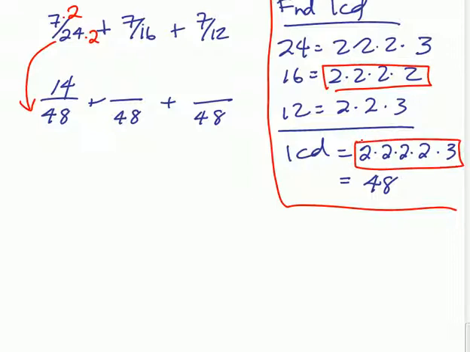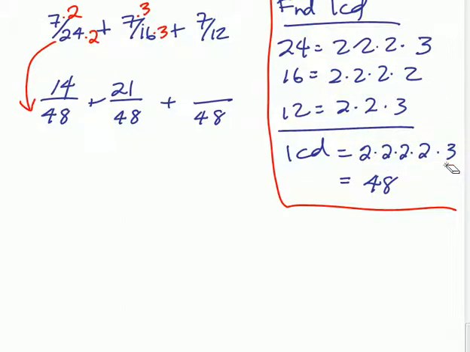And finally, 12, there's 12, and there's our 48, and I see the 12 right there. The difference between the two is that 2 times 2, which equals 4. So 12 times 4 gives us 48, and that tells us what to do with the 7, and we would get 28.